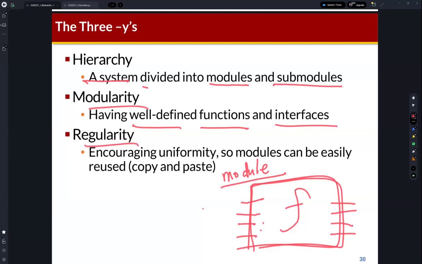And then regularity. Regularity means that it's regular, so we can use the same component repeatedly, like copy and paste. When you build a PowerPoint slide, you can repeat the same figure, copy and paste the same rectangles, right?